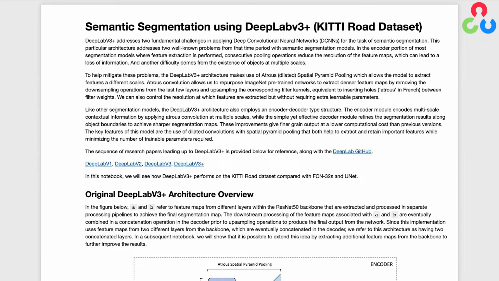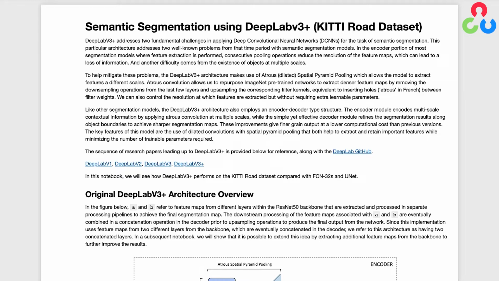In this notebook, we'll be specifically modeling the DeeplabV3+ architecture. This particular architecture addresses 2 well-known problems from that time period with semantic segmentation models. In the encoder portion of most networks where feature extraction is performed, consecutive pooling operations reduce the resolution of the feature maps, which can lead to a loss of information.